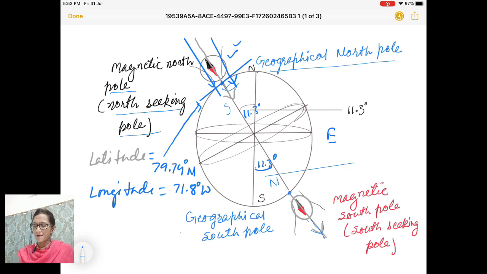So such a point is called a pole, where there is no force in the horizontal direction and there is a vertical force on the needle. So this is your south magnetic pole and this is at latitude 79.74 degree and this is towards south. This is the latitude of the south magnetic pole.